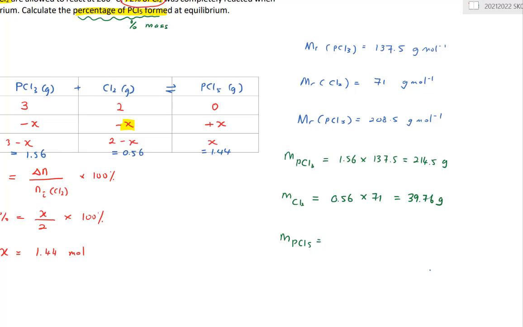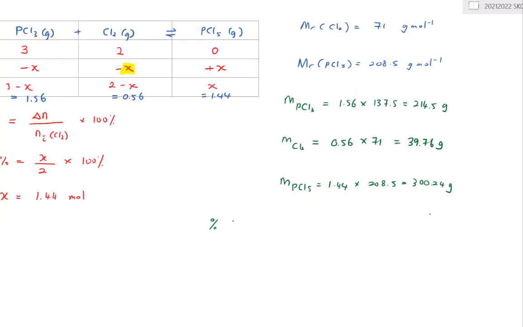And for the mass of PCl5 formed, using the number of mole 1.44 times its molar mass 208.5, it gives you the value of 300.24 gram. So using all of the masses of these species, we need to calculate the percentage of PCl5 formed at equilibrium.